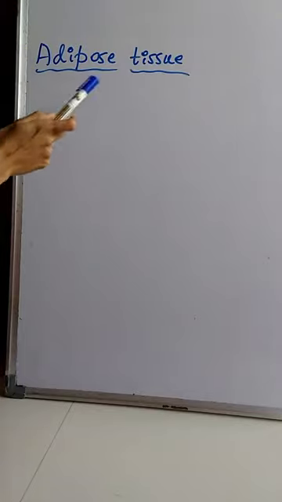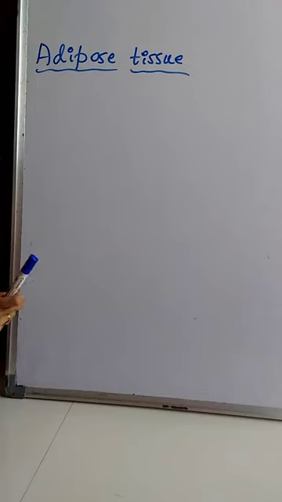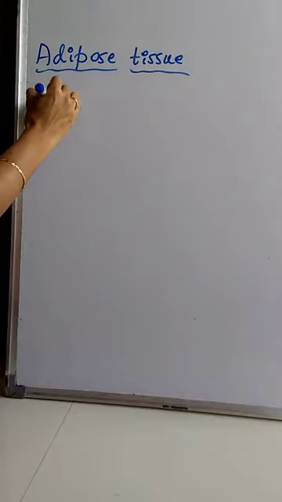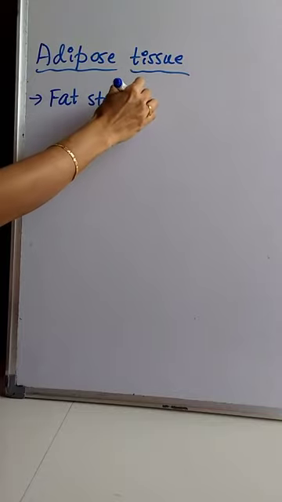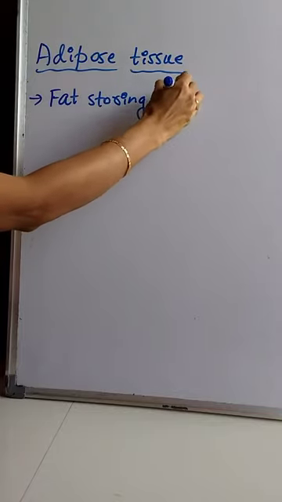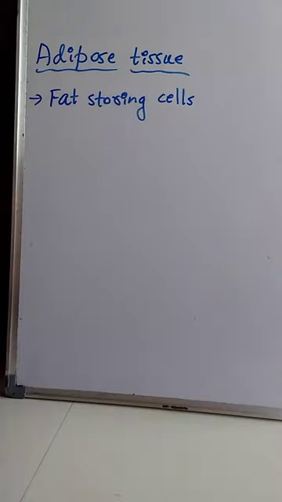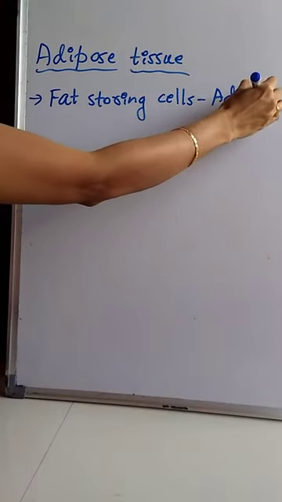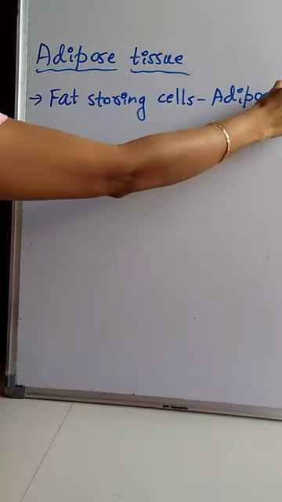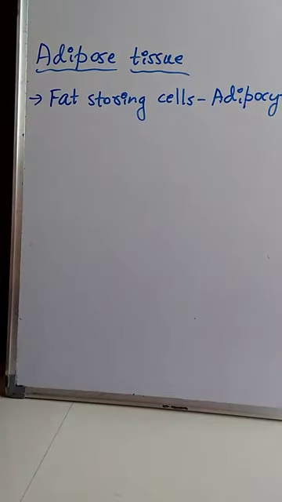The matrix of the adipose tissue contains numerous fat storing cells, called adipocytes.